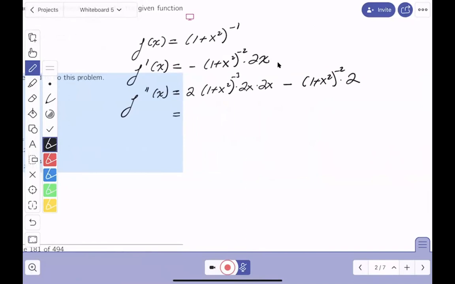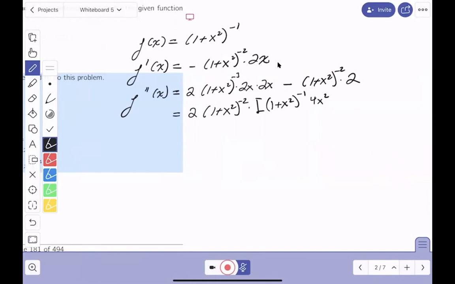That's problematic. There's no doubt about it. I'm going to factor out a 2 and a 1 plus x squared to the minus 2. All right, what do you get? You would get 1 plus x squared to the minus 1, 4x squared.